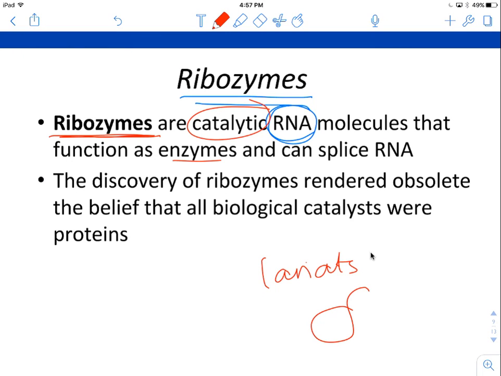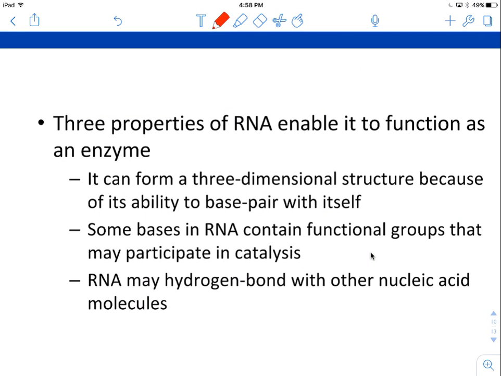Okay, before the discovery of ribozymes, everybody thought that all enzymes were proteins, but that is not true. Most enzymes are proteins, but not all of them. There are three cool properties of RNA that enable it to function as an enzyme. It can fold up and form three-dimensional shapes because it can base pair with itself.